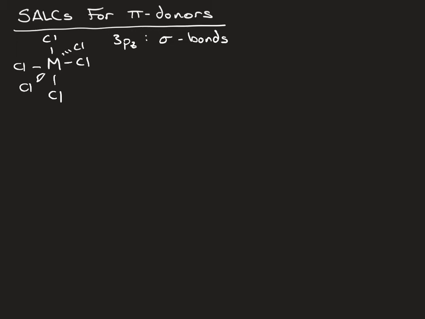So we use that A1g, Eg, and T1u SALCs in the sigma-type fashion. The 3px and 3py, on the other hand, can form pi bonds. So, for example, a set of atomic orbitals that we could use. So we can draw the 12 p orbitals that we're concerned with.